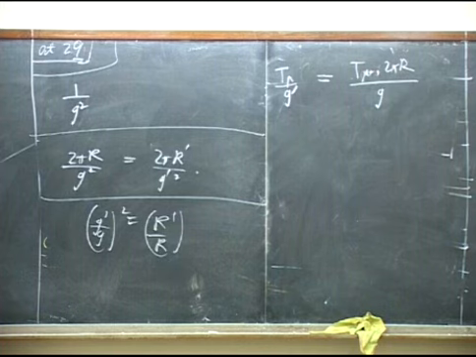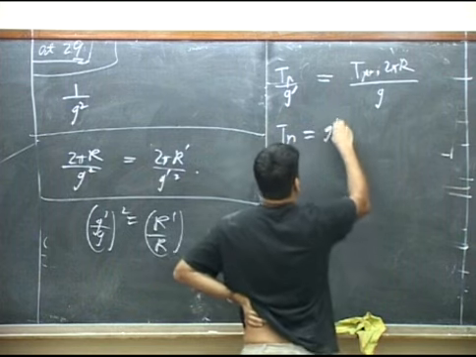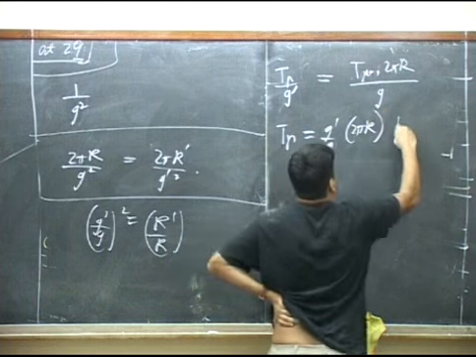But G prime is the value of the coupling after T duality. So it must be that Tp is equal to G prime over G times 2 pi r, that is Tp plus 1.